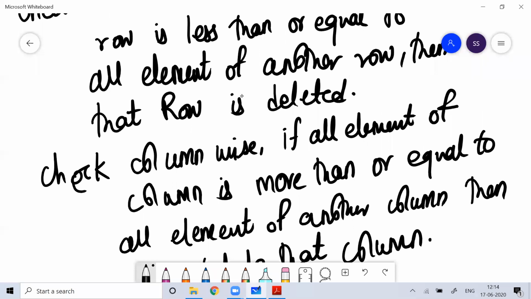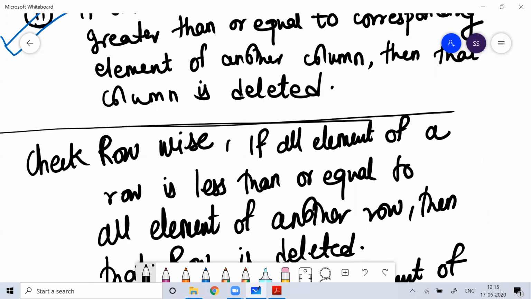And you check column wise: if all the elements of a column are more than or equal to all the elements of another column, then you have to delete that column. So row wise and column wise you have to delete.